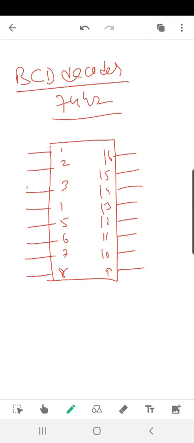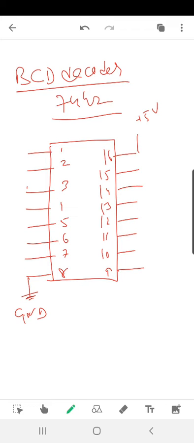So this is our IC. Pin number 8 is always connected to ground, and pin number 16 is always kept at plus 5 volt, because for an IC to work we need to provide supply. So pin number 16 provides the positive supply, and pin number 8 provides the neutral point, that is ground.